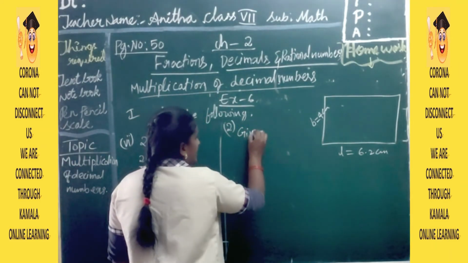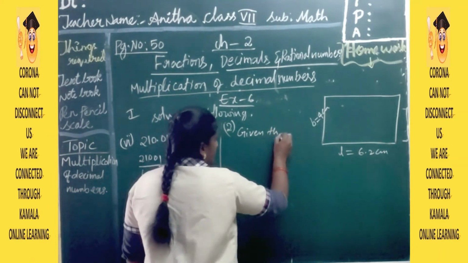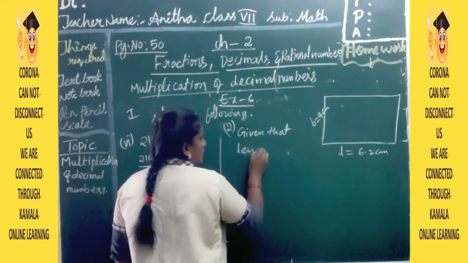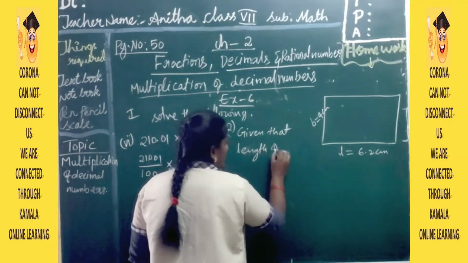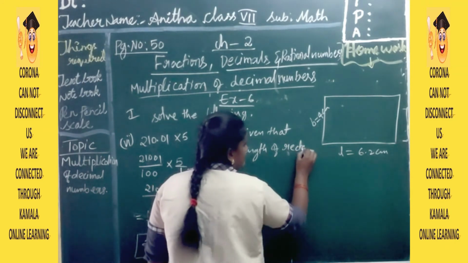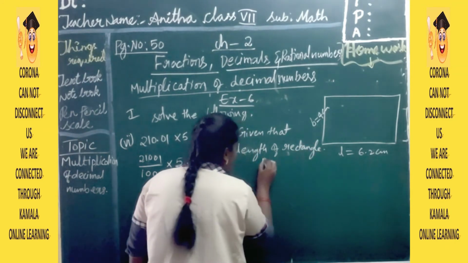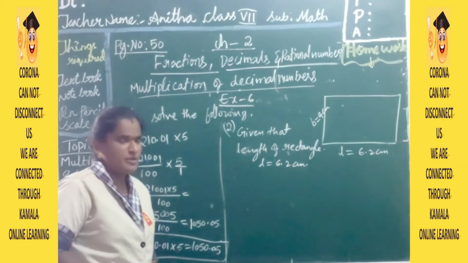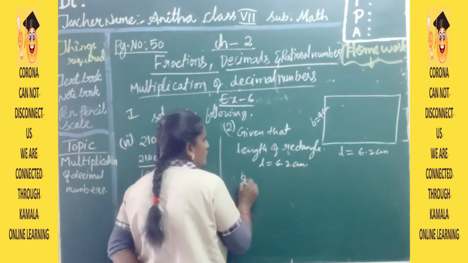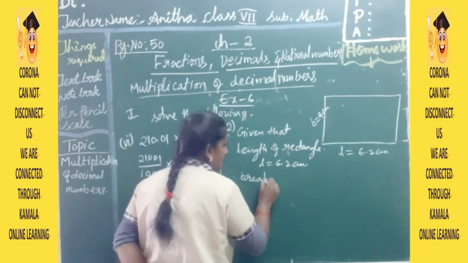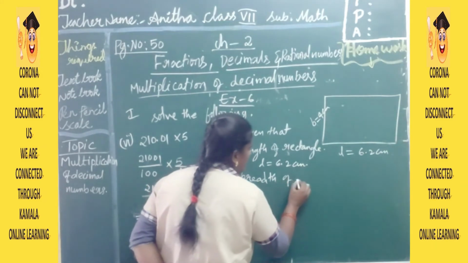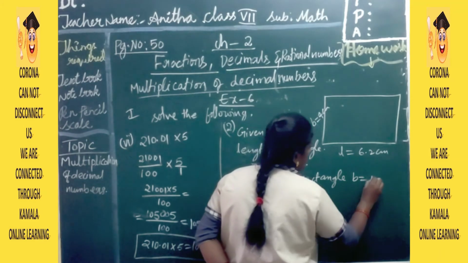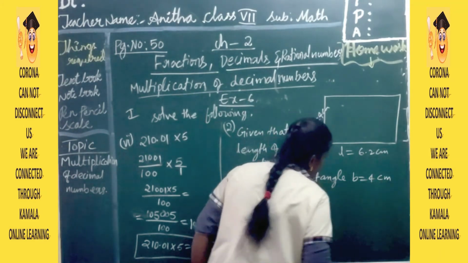Given, you have to write everything. Given that the length of the rectangle, you have to write complete words, children. What is the L value here? 6.2 centimeters. Next, the breadth of the rectangle is 4 centimeters.